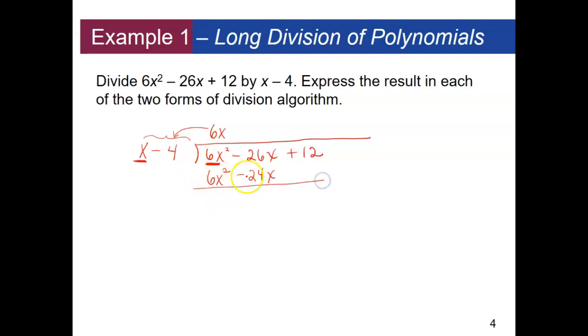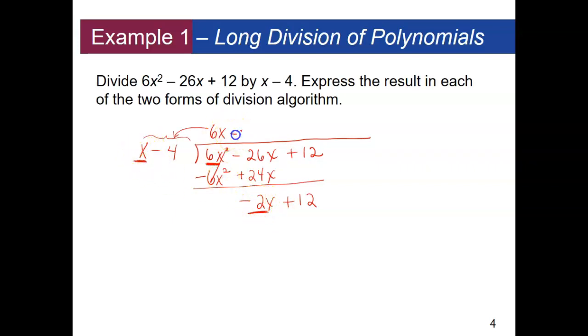We want to subtract these, so that means we're going to change the signs. These will cancel, and we'll have negative 2x plus 12. Now we're just going to repeat the process. I'm going to compare x to negative 2x, so I would need to multiply this by negative 2 to get it to match up.